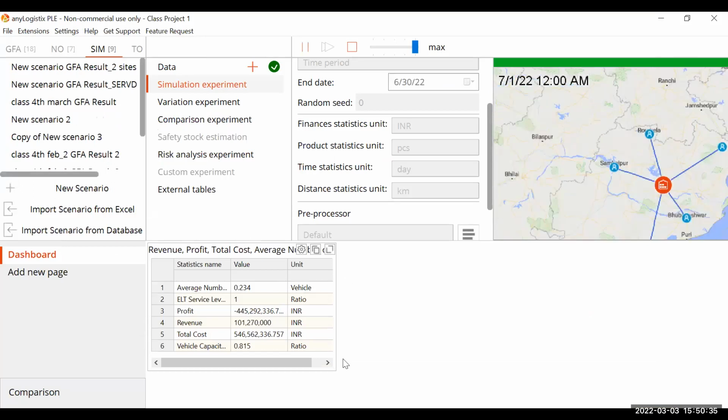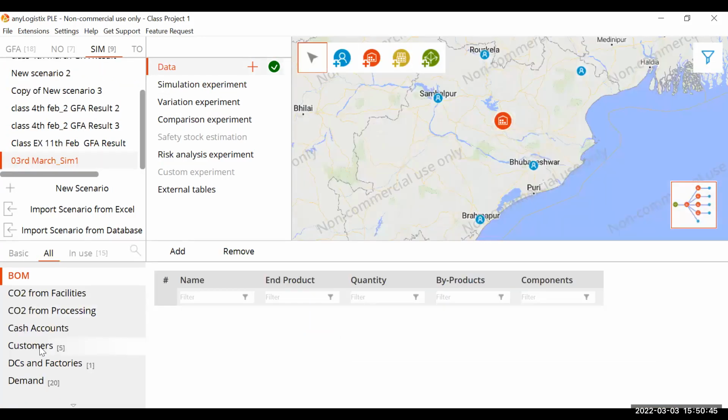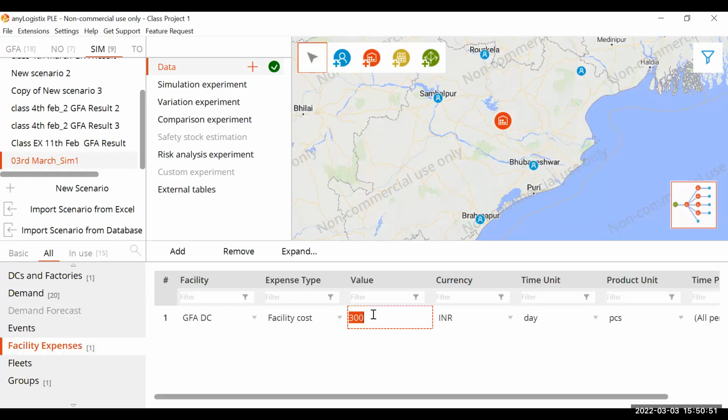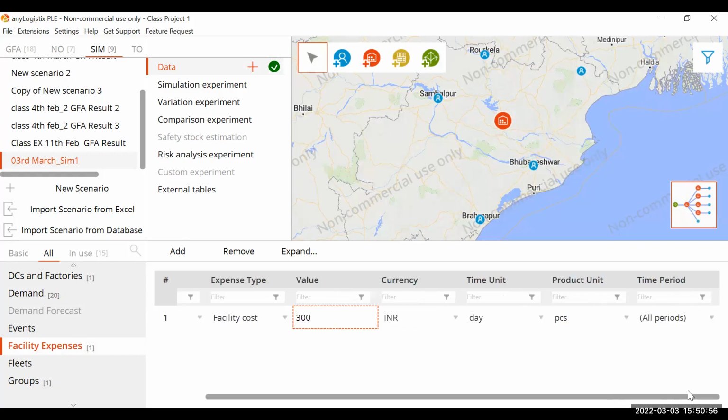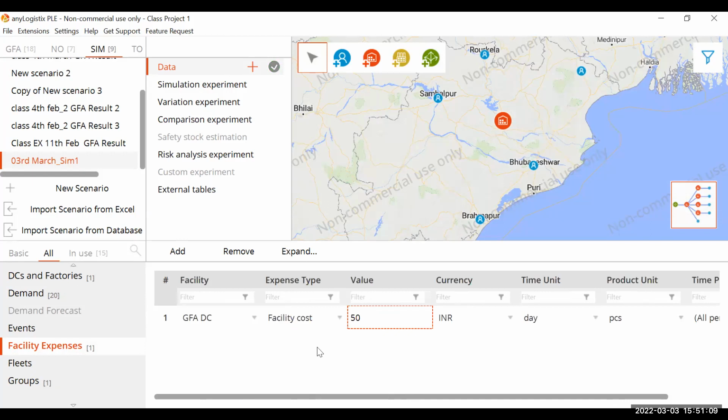So if you see in my case, I'm making a loss because my facility cost was too much, 300 rupees per vehicle, I think. Let me change that. What is facility? Actually, this should be okay.